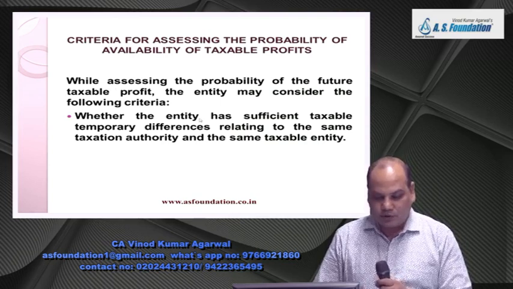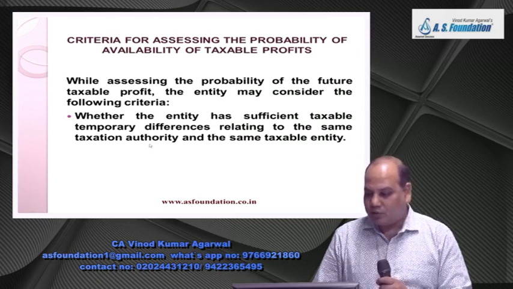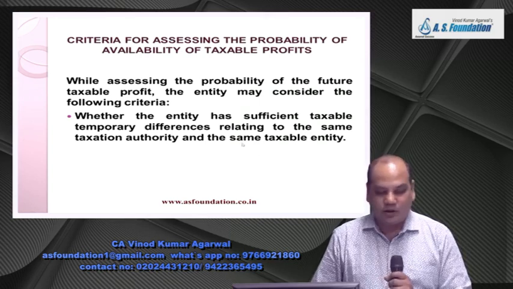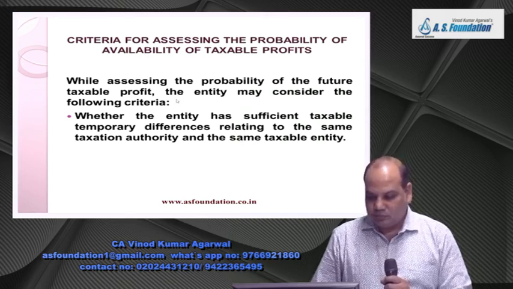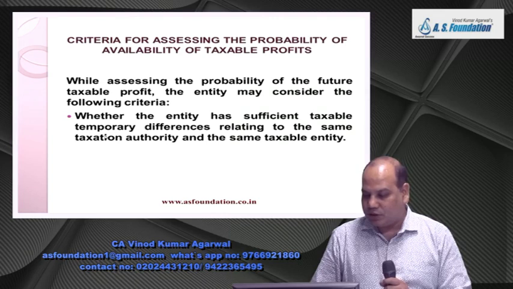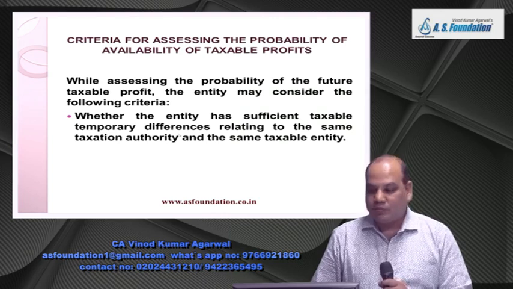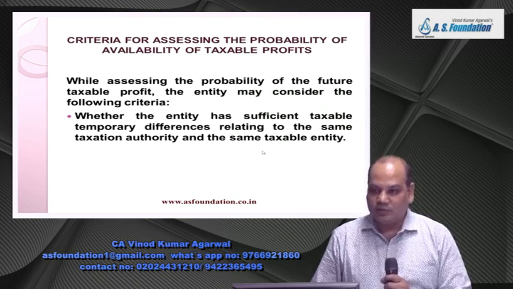The entity has sufficient taxable temporary difference relating to the same taxation authority and the same taxable entity. So you should have sufficient TTD which arises under the same tax jurisdiction and for the same taxable entity.